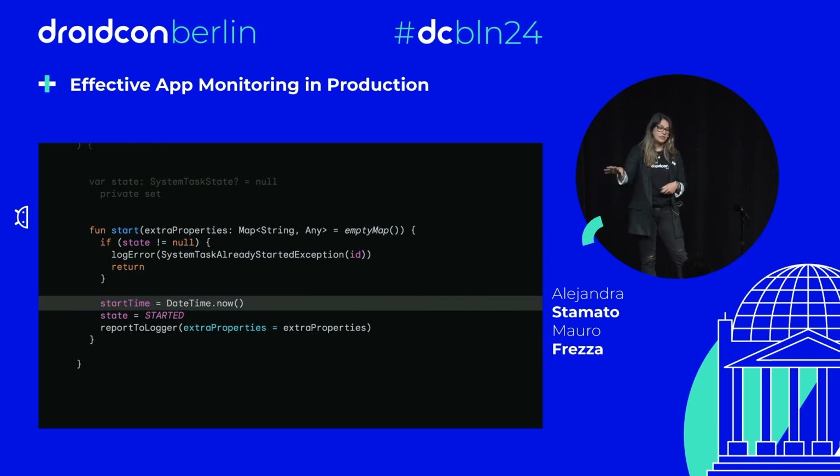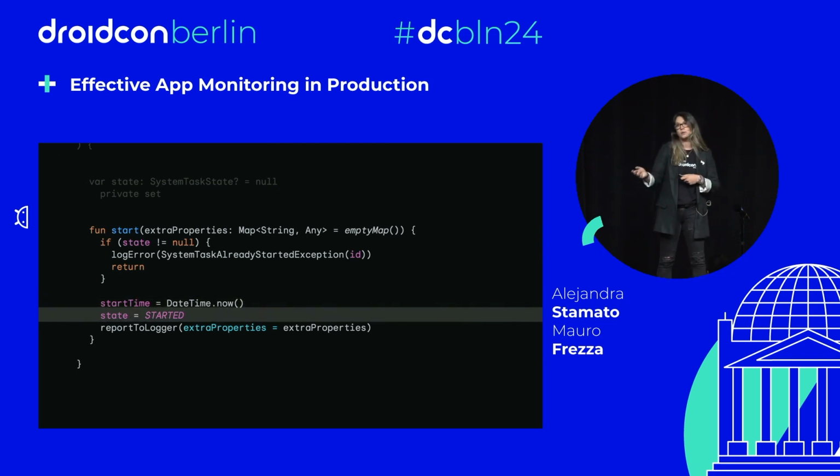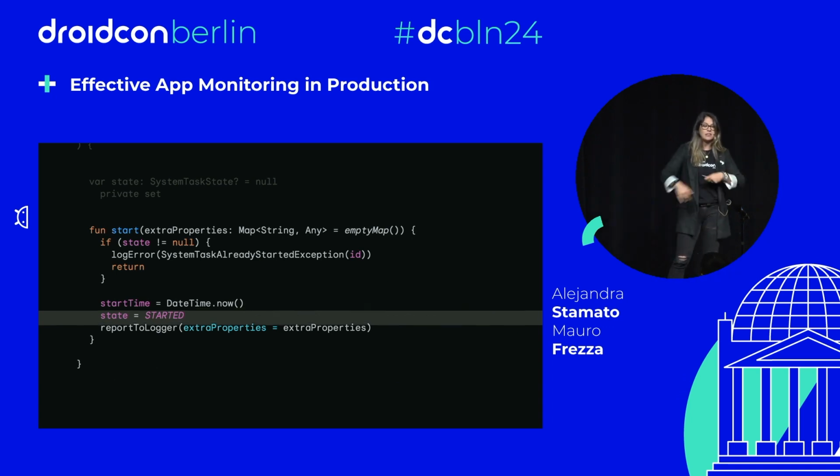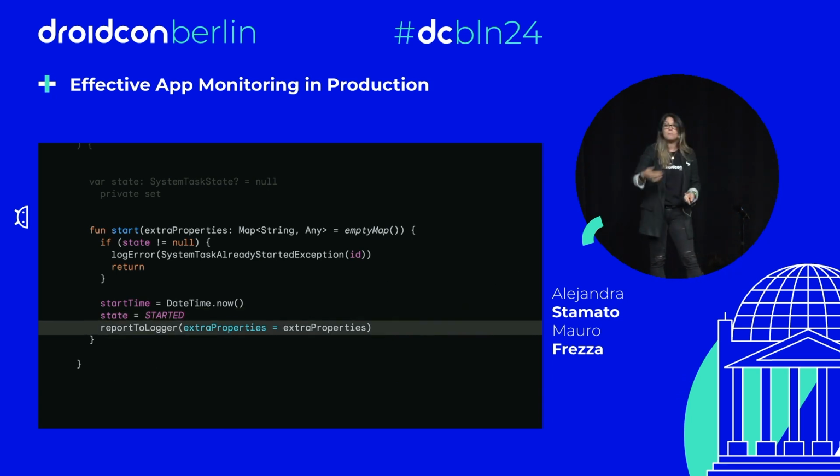But then the interesting part is that it will have a start time, so you're able to do these calculations with time. It has the state, so you're able to know if this started task has a corresponding completed task at the end to match it, and then a report to logger method that will go to the monitoring system with whatever property will help you debug your problem further.